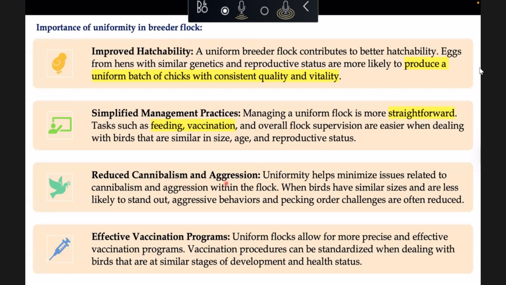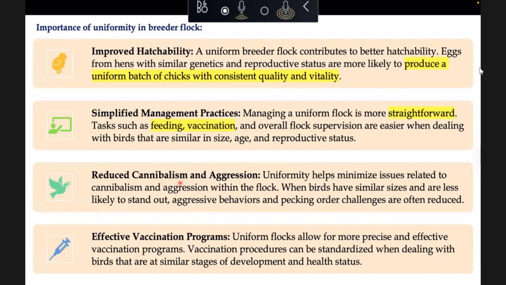And aggression, they show aggression because you guys must know that the breeder birds are relatively larger in size, so they try to have a dominancy over other birds.